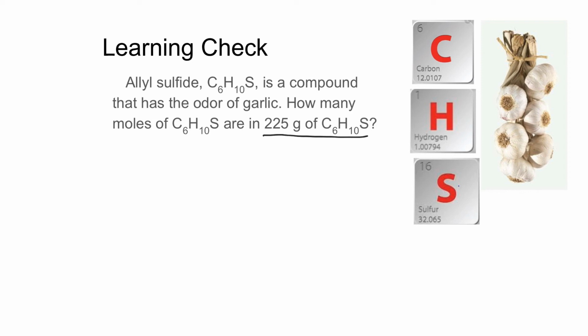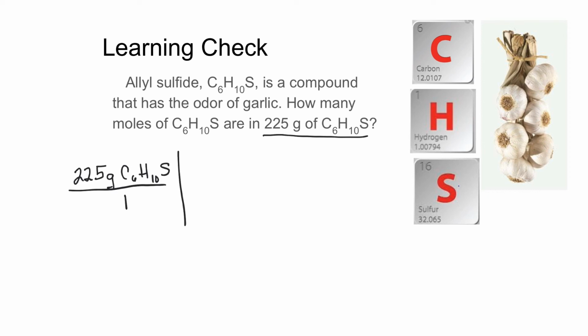And that's exactly what we're going to write down here, because that's our given. And again, that's always where we start when we do these problems. C6H10S over 1. Okay?